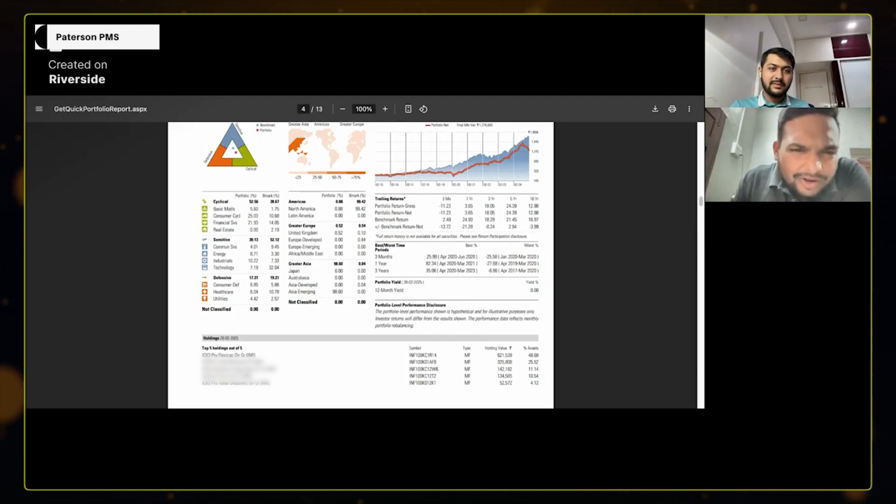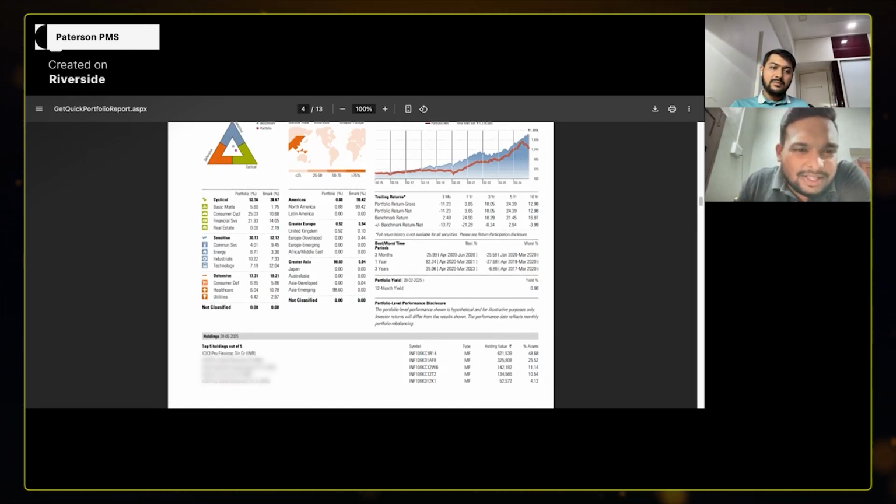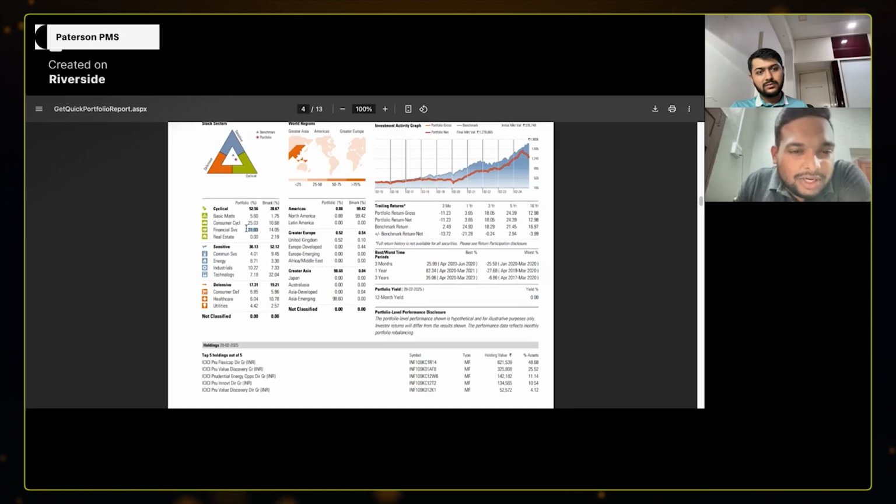So whenever we do portfolio guidance, we also look at the sectors. You can clearly see that consumer cyclical allocation is 25%, financial services 21%, and technology is approximately 30%. Basically, the sensitive sectors together form 30%.